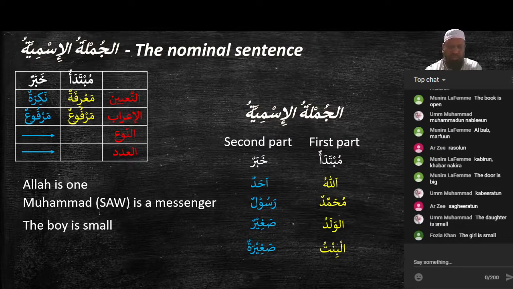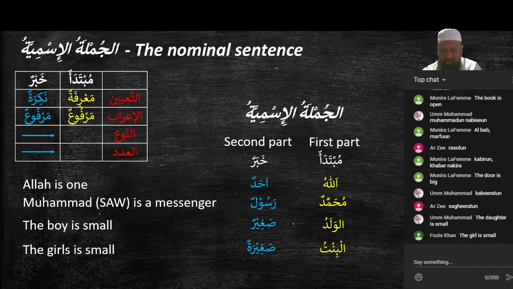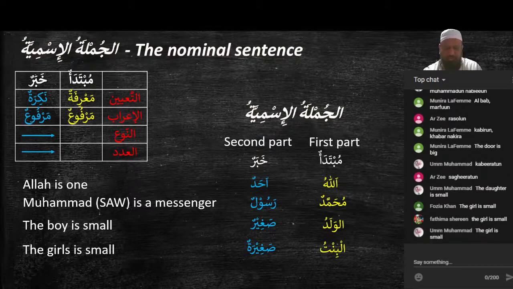So al-bintu will be the girl. And the structure of jumla ismiya, mubtada and khabar, will give us the linking word, which is "is." The girl is small.